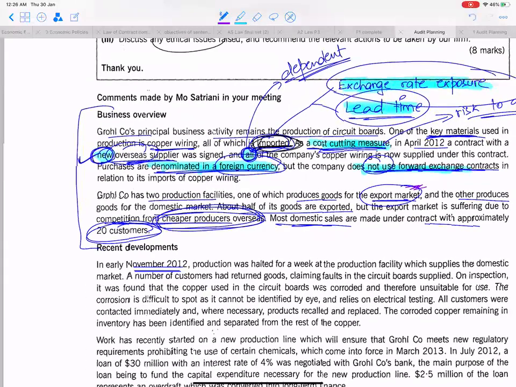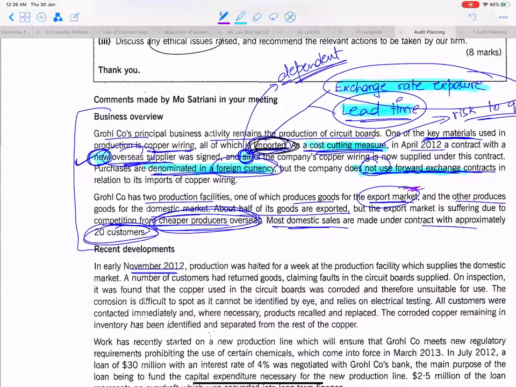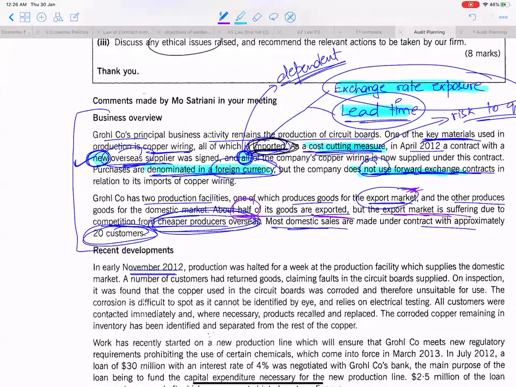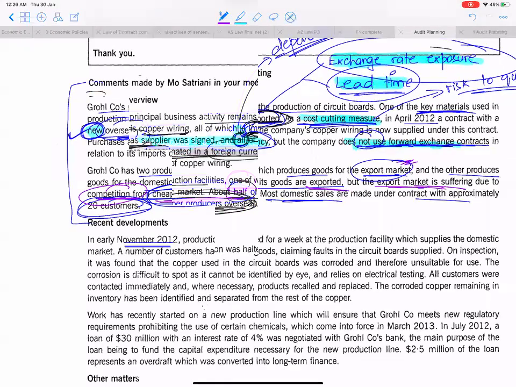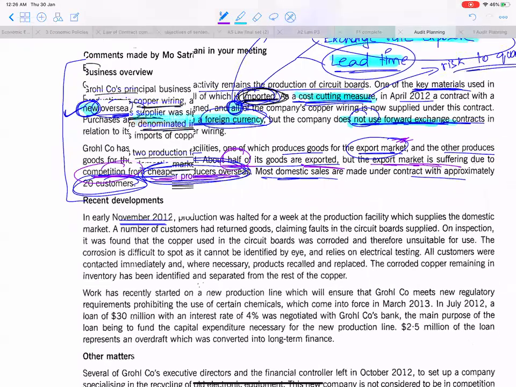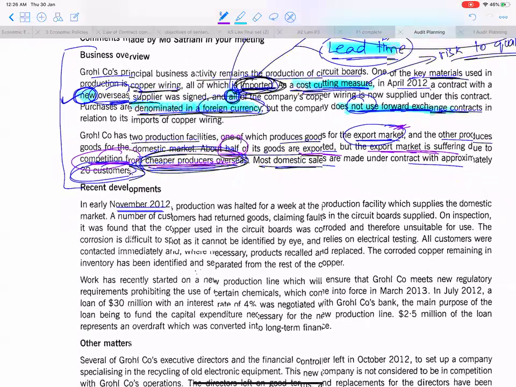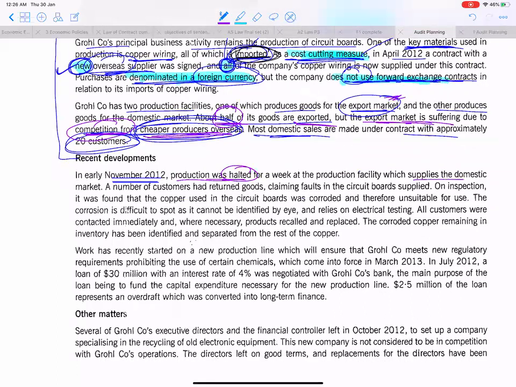That half of the goods are exported, and the export market is suffering due to competition from cheaper producers overseas. Now let's read more. In early November 2012, the production was halted for a week at the production facility which supplies the domestic market.